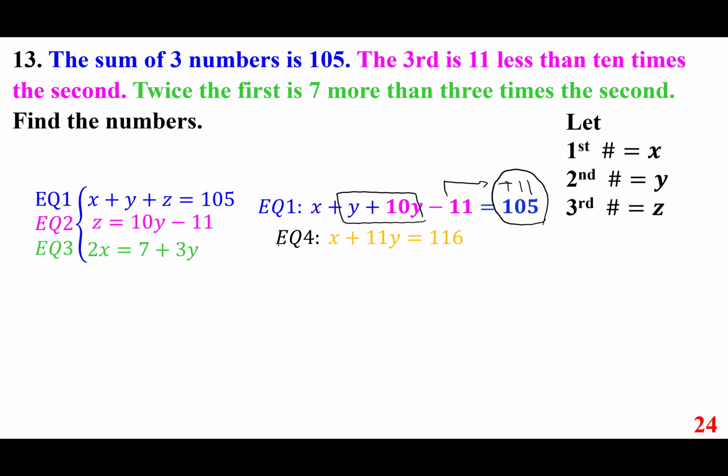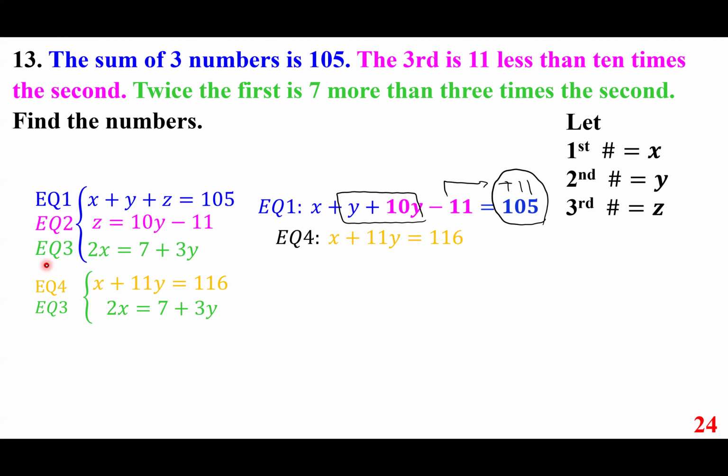Now, equation number 4 we just made up has x and y. Equation number 3 has also x and y. So we are going to put equation 3 and 4 together and work on it. So equation 4 is this, x plus 11y is 116.